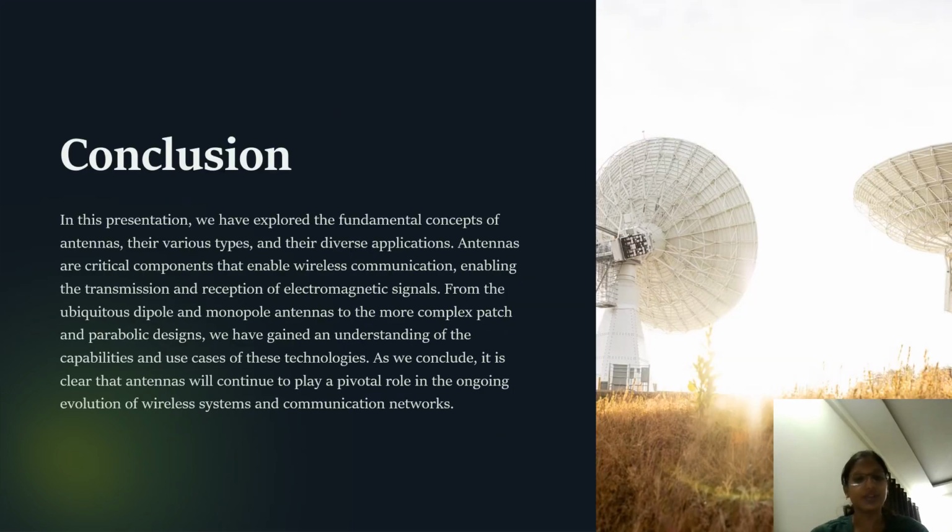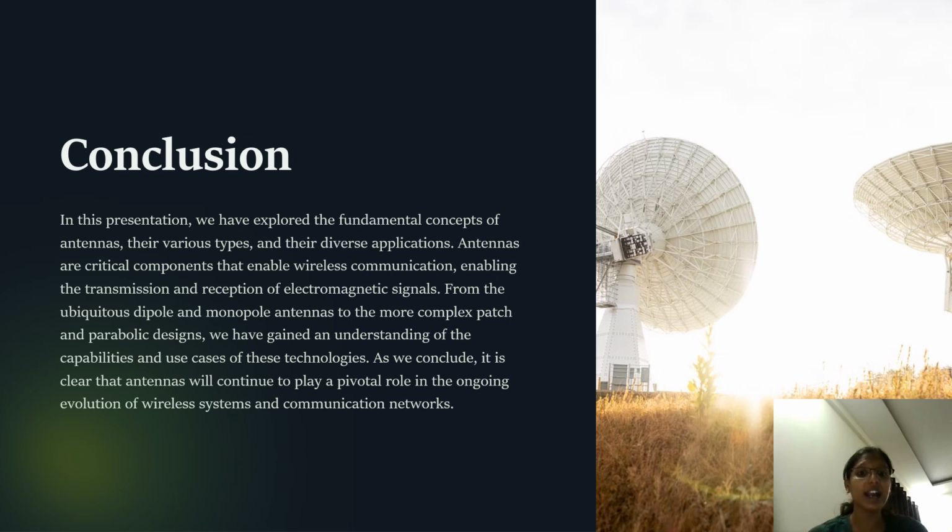Then I have the conclusion. In this presentation, we have explored the fundamental concepts of antennas, their various types, and their diverse applications. Antennas are critical components that enable wireless communication, enabling the transmission and reception of electromagnetic signals, from the ubiquitous dipole and monopole antennas to the more complex patch and parabolic designs.